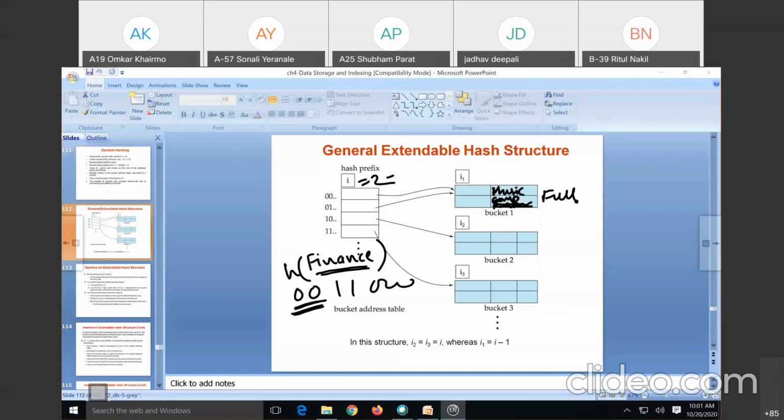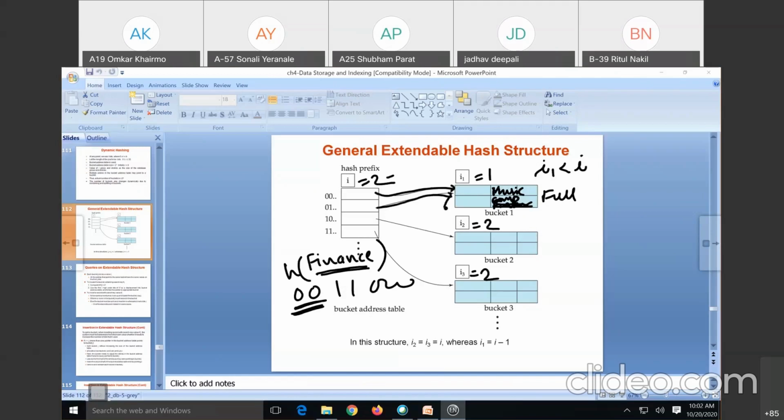Now, when we need to split the bucket, check the value of ij. If ij is less than i, what does it indicate? It indicates that multiple pointers point to the same bucket.